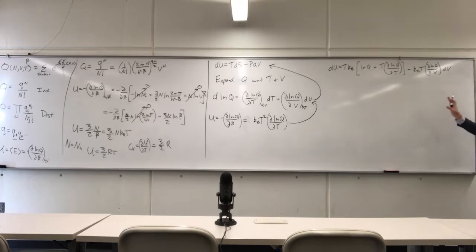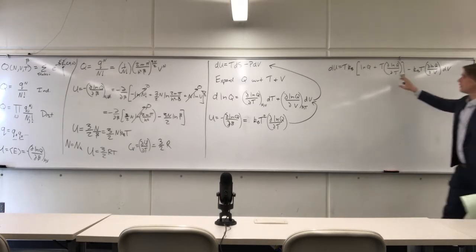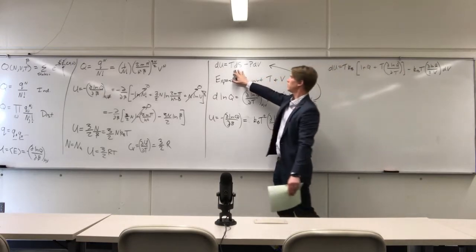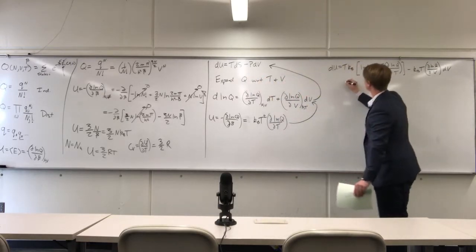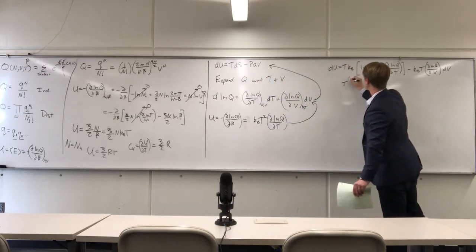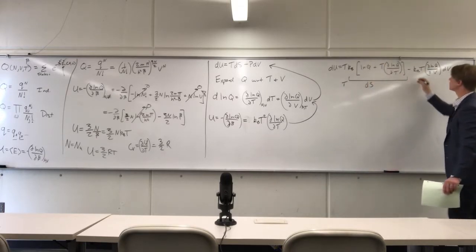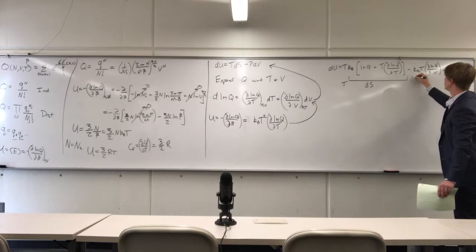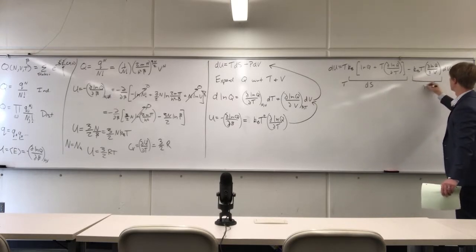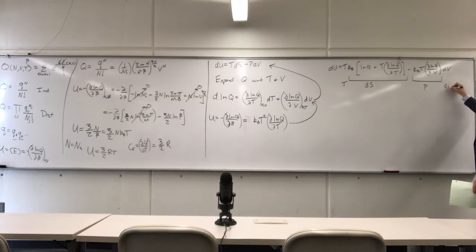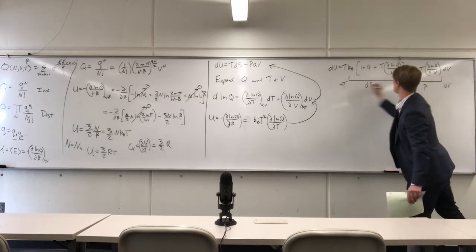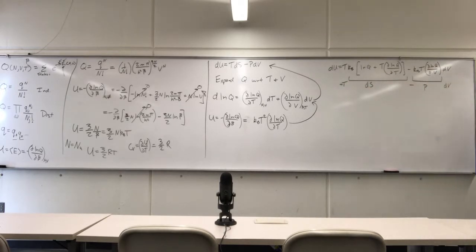Assuming we trust the formulation here, it is exactly the same format as this one, meaning this big term right here is going to be dS. This is going to be pressure, and we have dV. So we have plus T dS minus P dV.